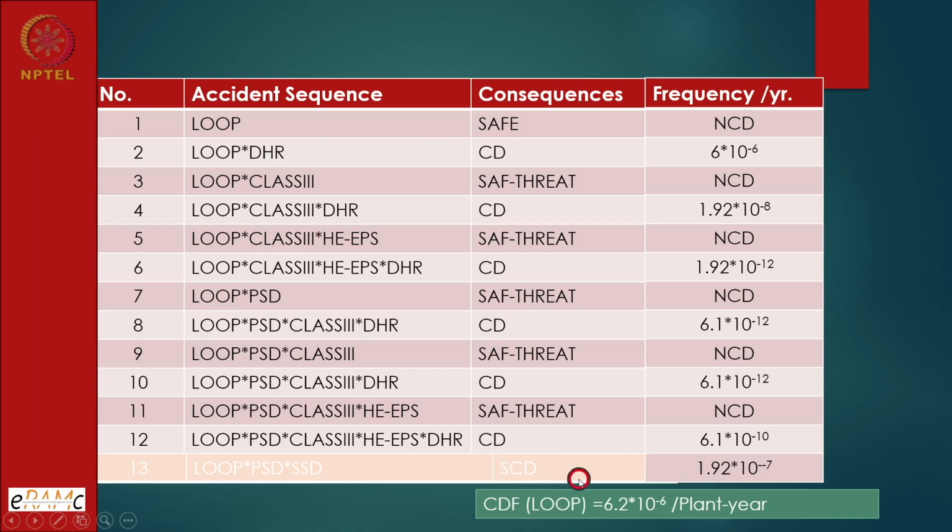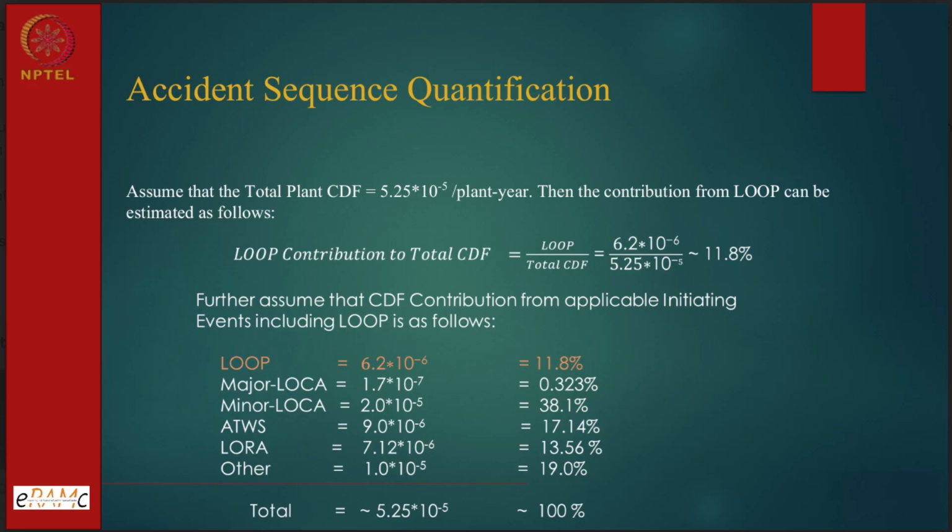So severe core damage for the 13th event will be this one in the event tree, and we have here 1.92 into 10⁻⁷, CDF loop, and this one for the plant. So core damage frequency comes to 6.2 into 10⁻⁶ from the loop contribution. Okay. In the previous slide, we discussed how to arrive at the statement of core damage frequency, and we saw the figure was 6.2 into 10⁻⁶ per plant per year.